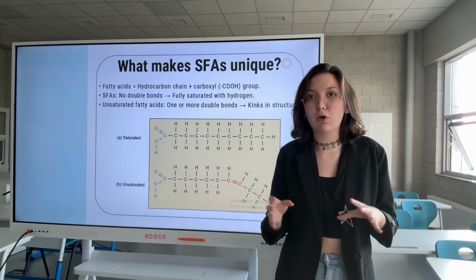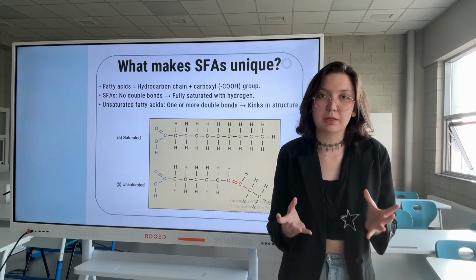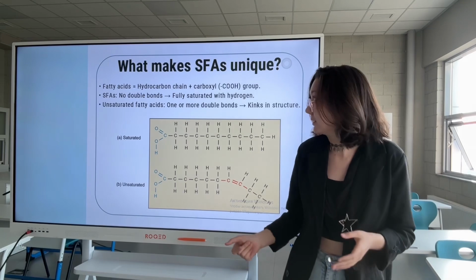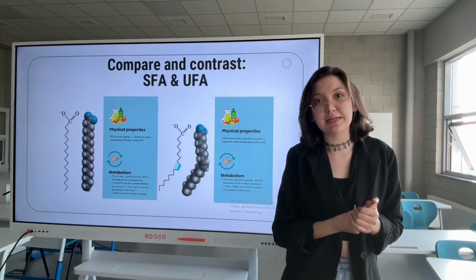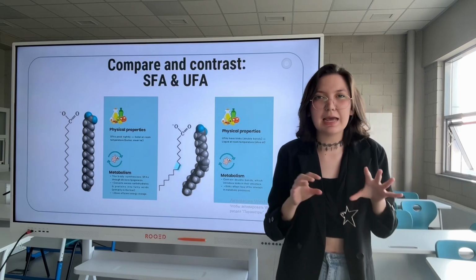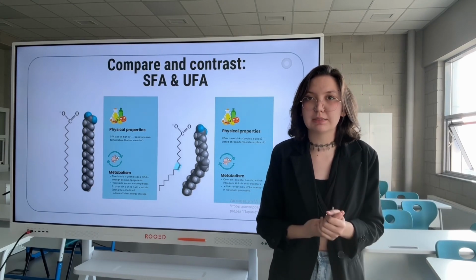Now, let's zero in on saturated fatty acids, our central topic. What distinguishes them from other fatty acids? Saturated fatty acids, or SFAs, are characterized by the complete absence of double bonds within their hydrocarbon chains.